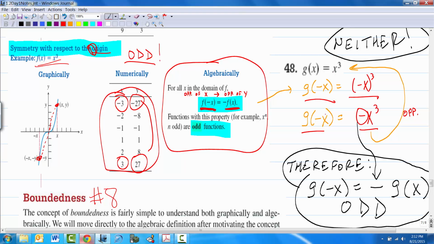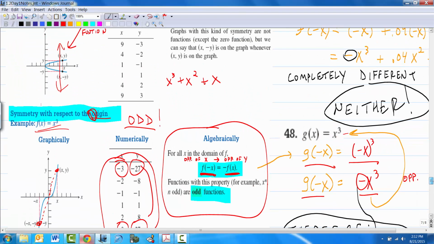Well, when I plug in a negative x for x and I cube it, what's negative x times negative x times negative x? Negative x cubed. And what did I end up with? Something that's exactly opposite from the original. So when I do that algebraically, that is the proof that this function is odd.